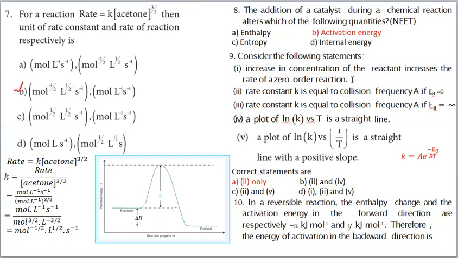That is wrong. For a zero order reaction, rate is equal to a constant, or we can say rate equals k times concentration to the power 0. That means for a zero order reaction, rate is independent of the concentration of reactant. Then you see, rate constant K is equal to the collision frequency A if Ea equals 0.